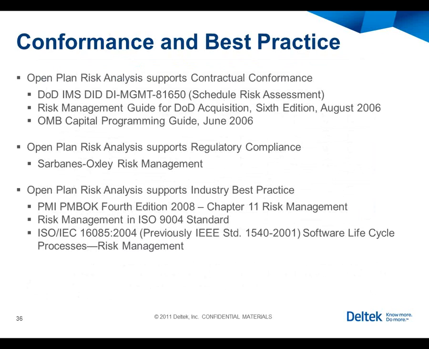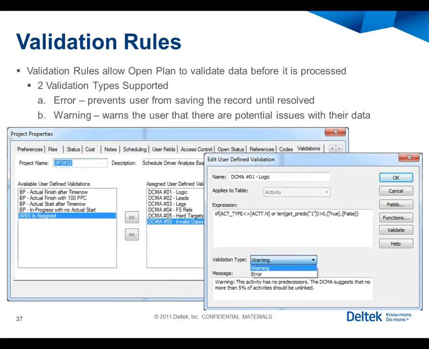So OpenPlan supports really conformance and best practice. As we think about the guidelines provided by many of the federal agency and DoD guidelines, OpenPlan supports many and most of those. And in support of those guidelines, OpenPlan in version 3.4 has included a validation rules function.